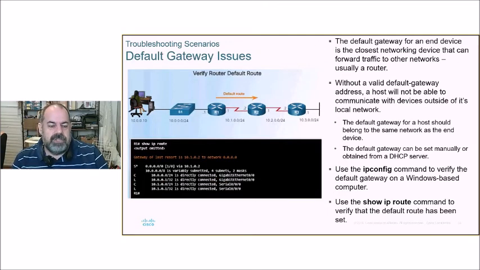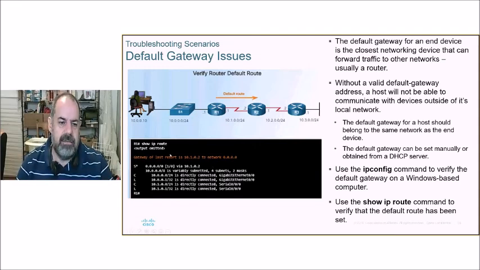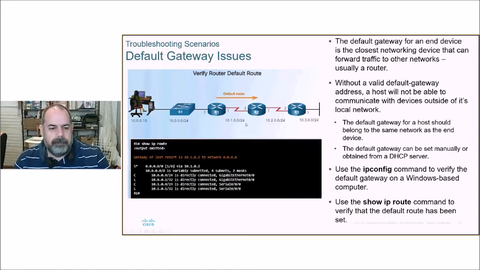A router might need to have a default route, so do show IP route, and check that the gateway of last resort is set. Here is the default route, a static star, going via the next hop of 10.1.0.2, which looks right to me.